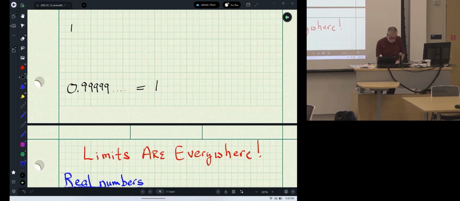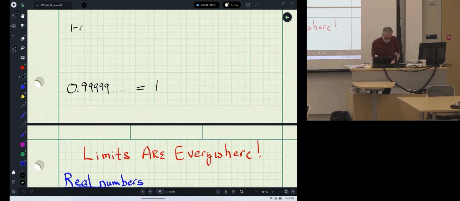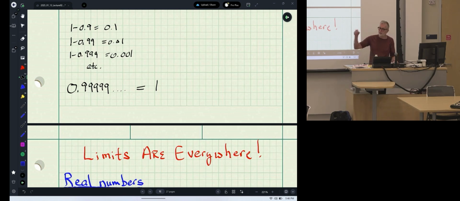Well, 1 minus 0.9 is 0.1. 1 minus 0.99 is 0.01. 1 minus 0.999 is 0.001, etc. Okay? So you go 1 minus 0.99999, you've got 0 on the other side.